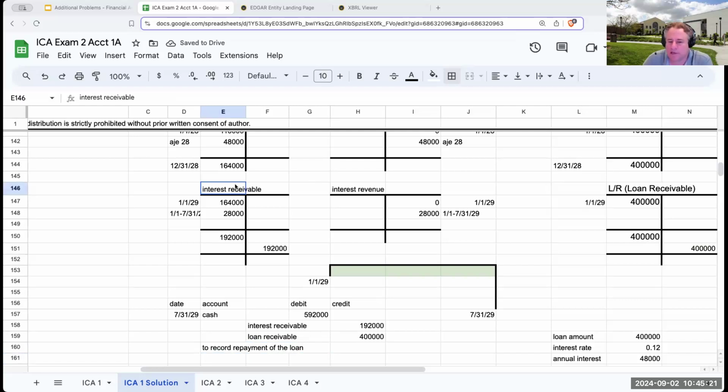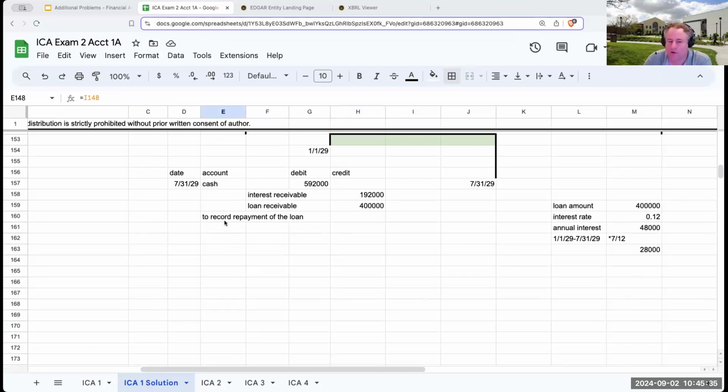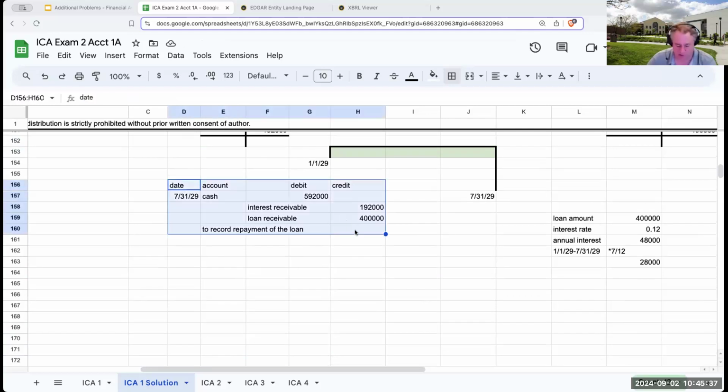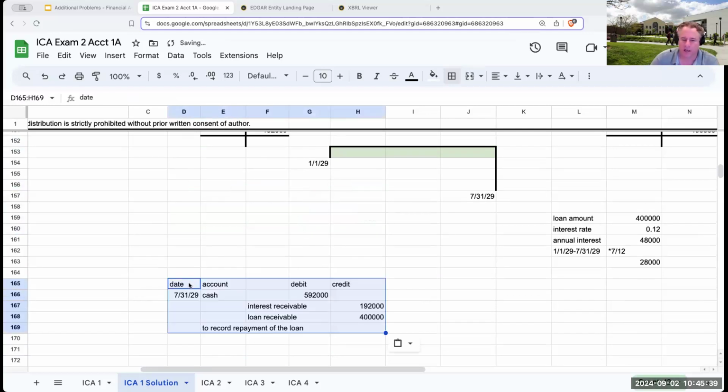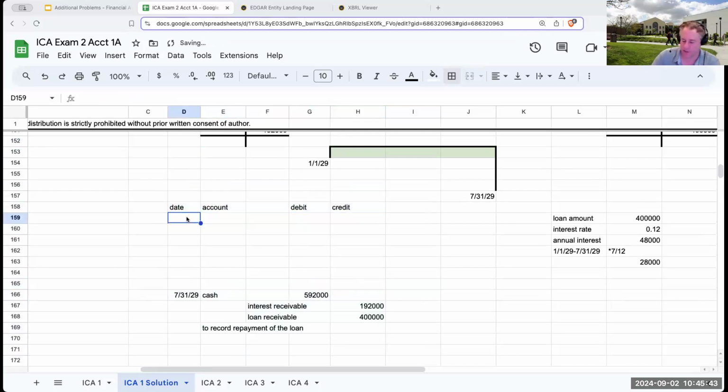Okay. So again, interest receivable had a balance of 192. Now that it's being paid off, I'm crediting it. I need to make sure that I indent the journal entry. I can do it this way because I've already recorded the interest, right? So if I look at this, in 2029 this is really 2 journal entries. It's 7/31/29.